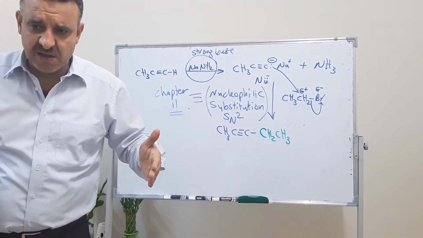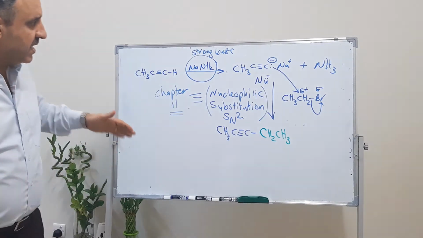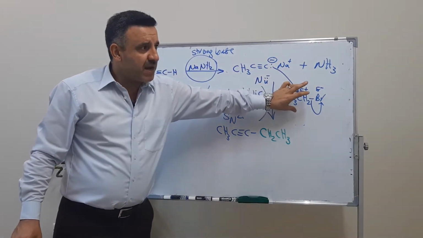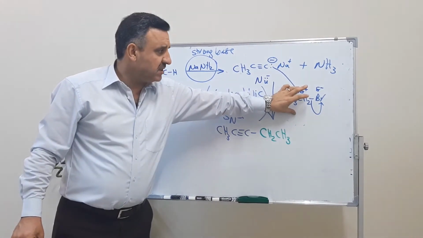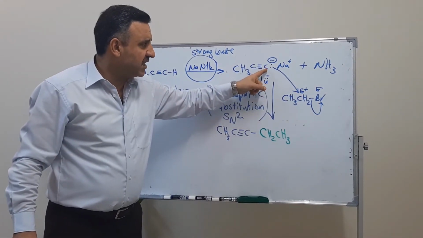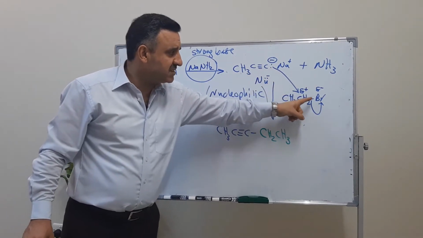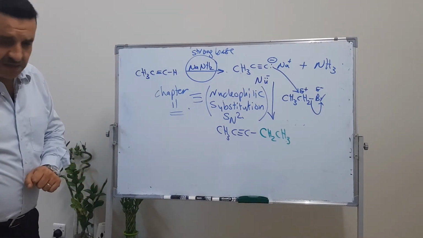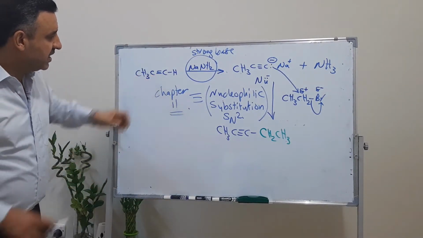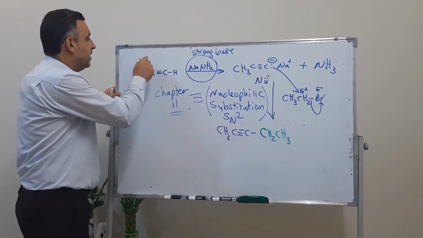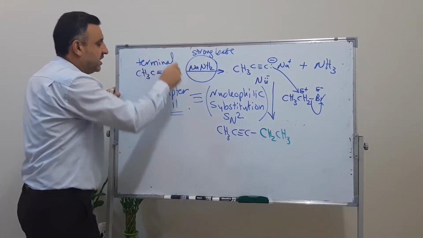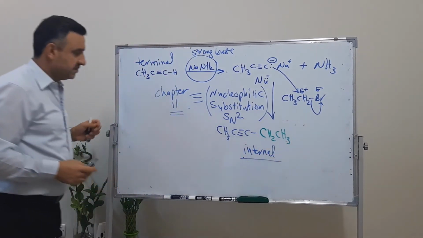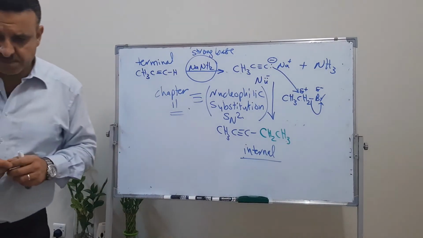But for the time being, all you are required to know is that this nucleophile can attack any primary alkyl halide, and this acetylide will displace the halogen and we get this alkyne. In other words, we can convert a terminal alkyne into an internal alkyne by adding carbons here. Clear?